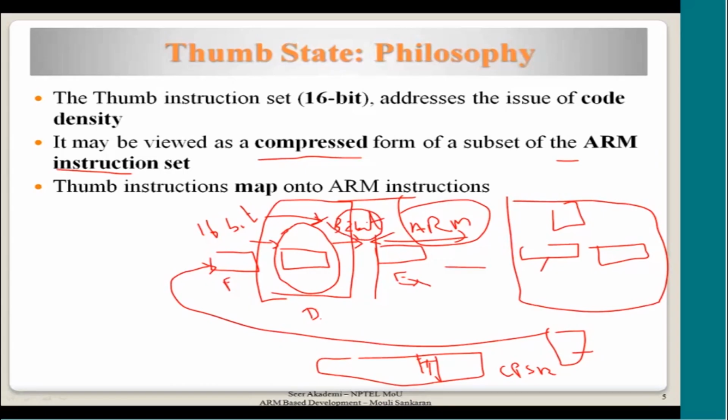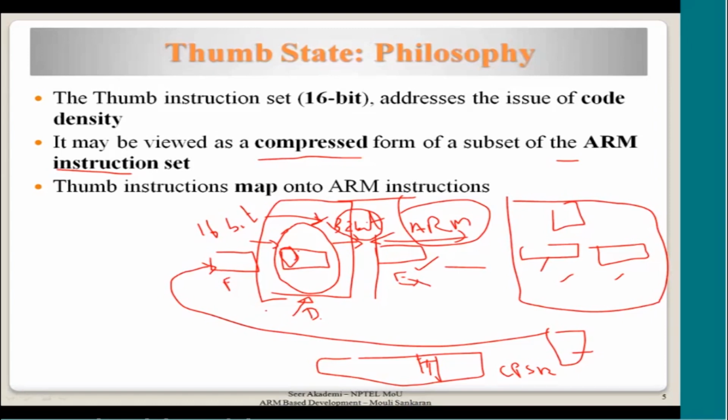So what is the advantage of this? In the thumb mode, only a new entity gets activated, which is a decompressor. Other than that, the execute logic as well as the internal registers, there is no change. They are all the same as what you would have seen in the ARM mode.